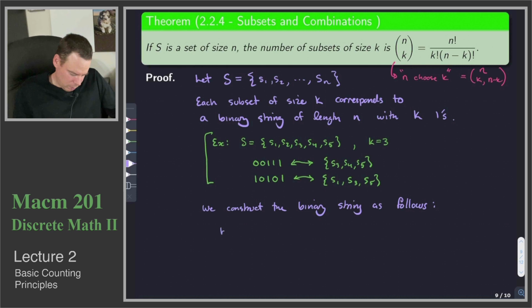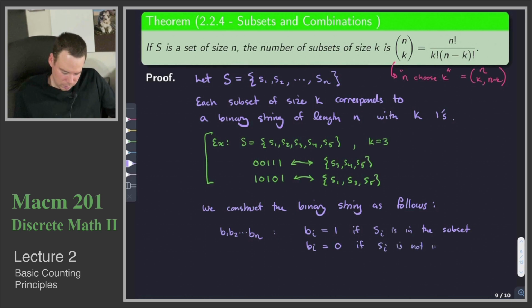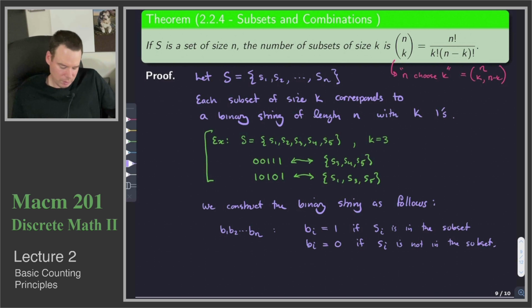The binary string b1, b2, all the way up to bn is constructed in the following way, where bi is equal to 1 if si is in the subset, and bi is equal to 0 if si is not in the subset. And so that's how we can associate to a subset a binary string.